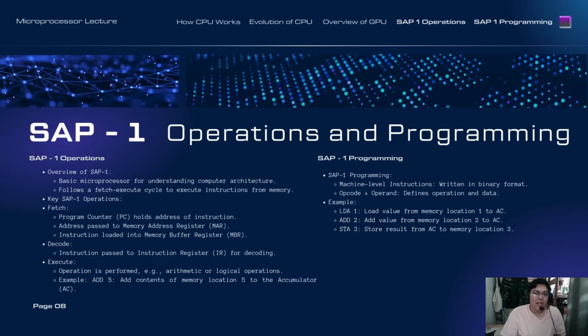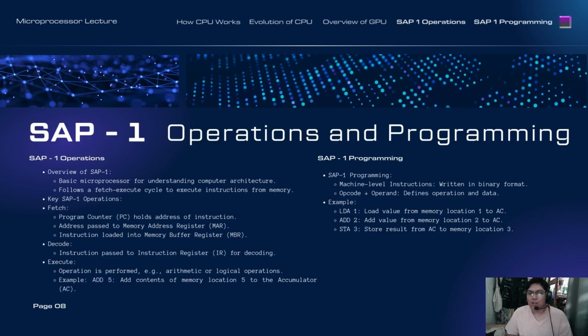It operates by executing instructions from memory, using a fetch execute cycle. The SAP1 has several key operations, including fetching an instruction from memory, decoding the instruction to determine which operations to perform, and executing the operations.